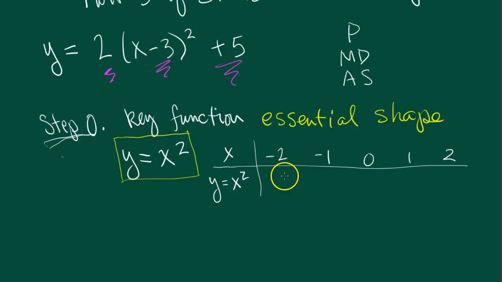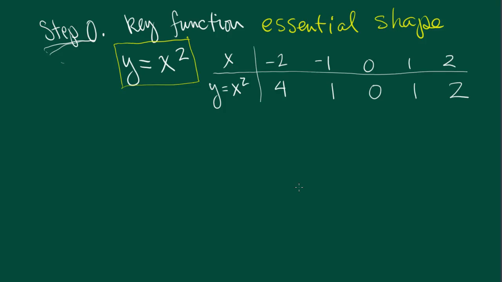I'm picking values that I like. They could be any values, but I want values that show me interesting features of the parabola, like its vertex, and enough to show something about how it grows. Okay, so here's my first step in graphing it.